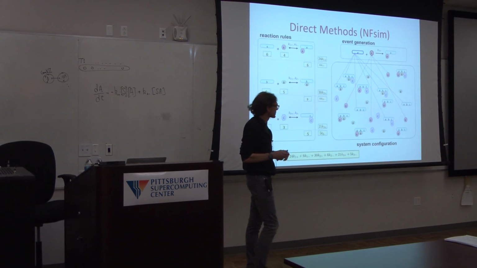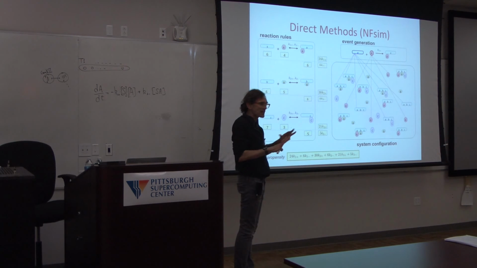So it assumes well mixed, so that the reaction rates are completely determined by the total concentrations of the species that are involved. And to be explicit about it, if it were a spatial simulation, that's saying that the diffusion constant is infinite, right?